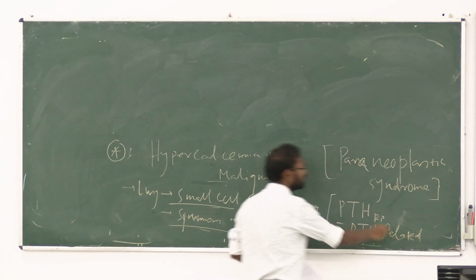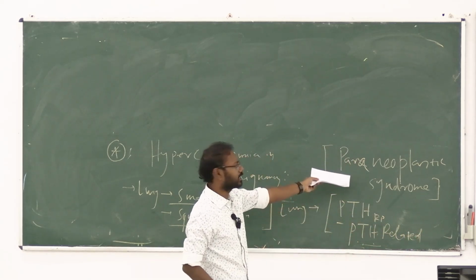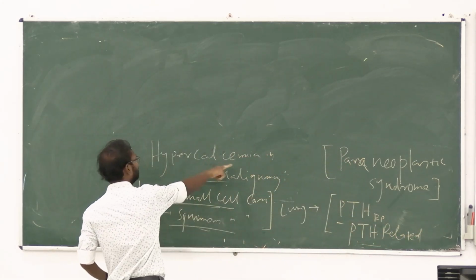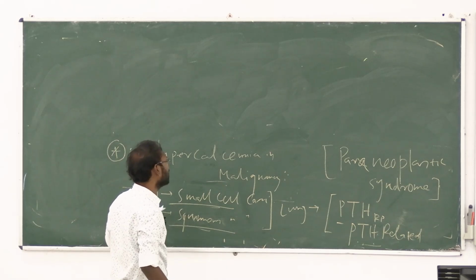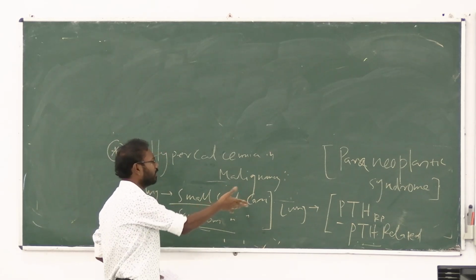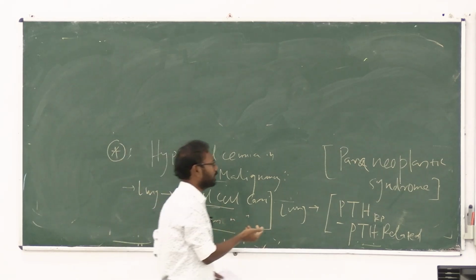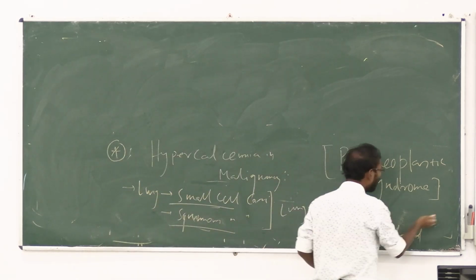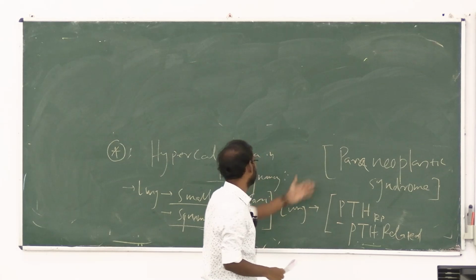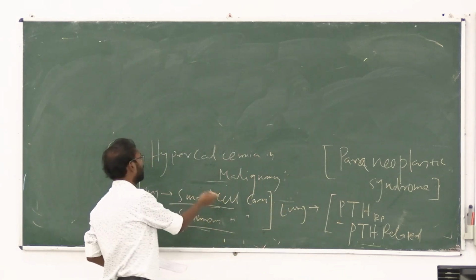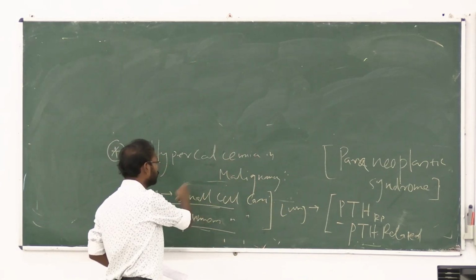So this PTH related peptide can act as a marker for this hypercalcemic situation in malignancy, and this PTH-related peptide will also increase calcium. Nothing to understand, basic explain why you will write. Or a short note, paraneoplastic syndrome or any short note. Hypercalcemia in malignancy, you should explain.